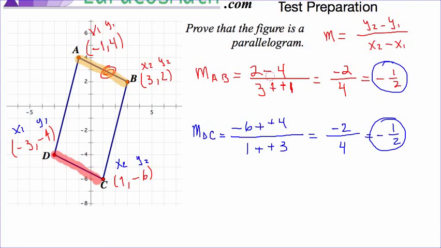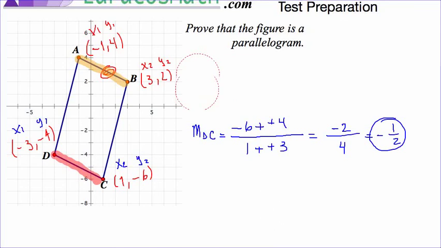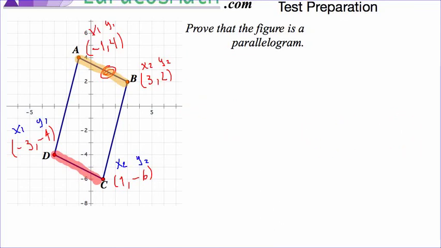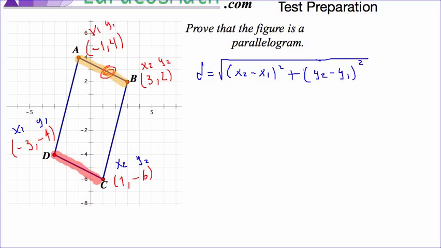The last point I have to prove is that these distances are exactly the same. For that, I'm gonna use my formula for distance. This formula is: distance is square root of x2 minus x1 square plus y2 minus y1, and this goes square also. Let's take AB. So distance AB equals square root.